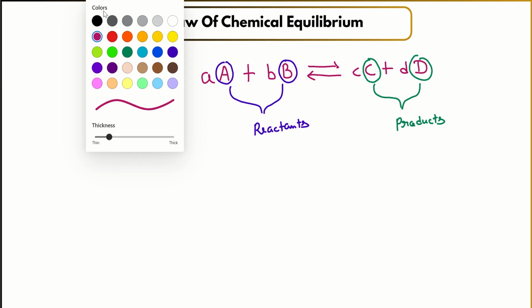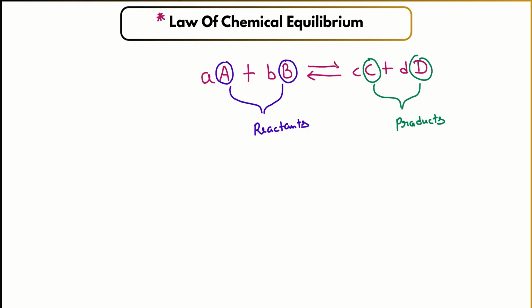Now we need to understand what small a, small b, small c and small d are. Guys, generally you call them moles. You must have read about moles in the concept of molarity.